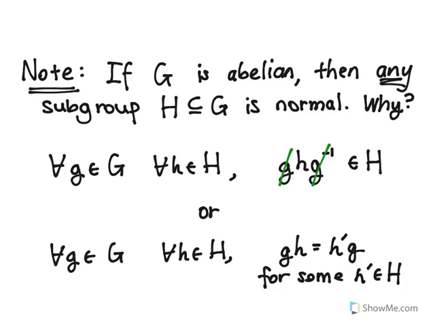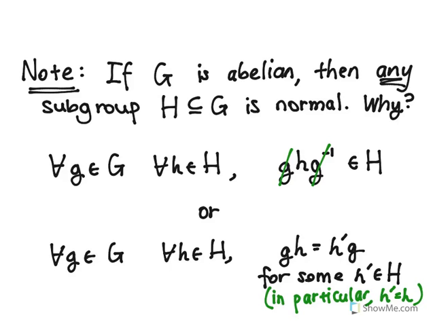Or if you prefer to think of the definition in that second way that I mentioned, we can look at it that way too. In that case, what we're saying is that for all g in the group G and for all h in the subgroup capital H, it must be true that gh is equal to h prime g for some h prime in the subgroup capital H. And that's true.